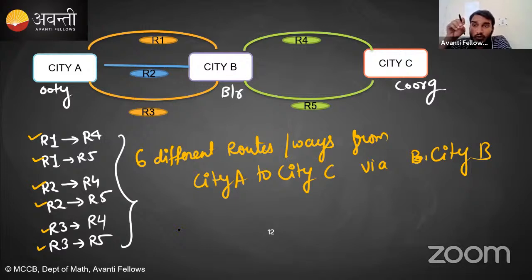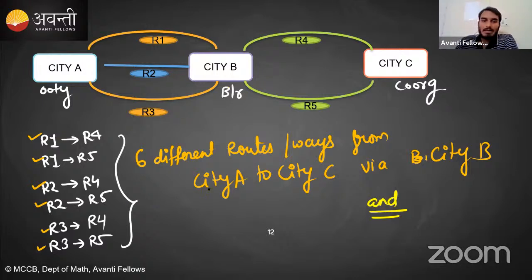Remember, I am emphasizing the word "and", A and B. If that person has to go to Kurg from Ooty, that person has to go via Bangalore. Whatever route that person takes, first that person will go to Bangalore and then that person will go to Kurg. Clear?